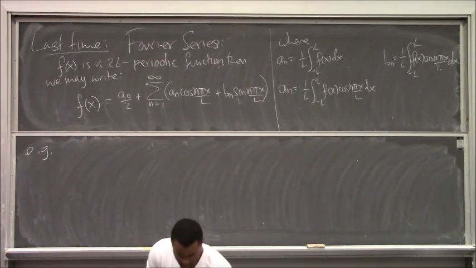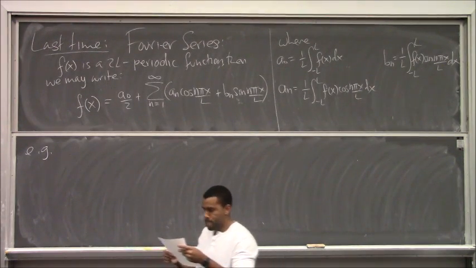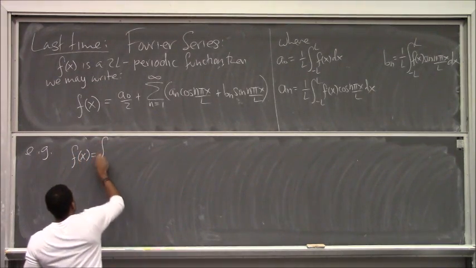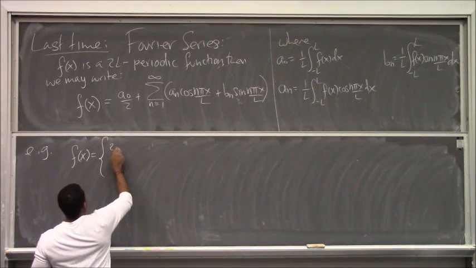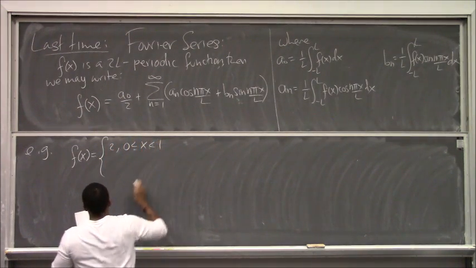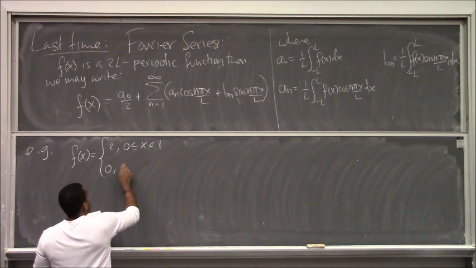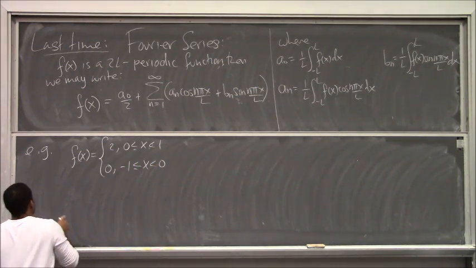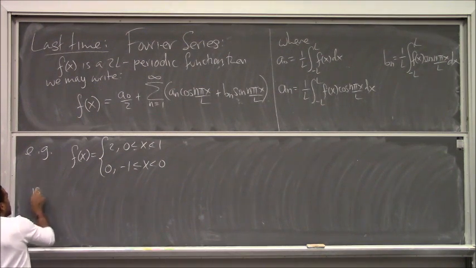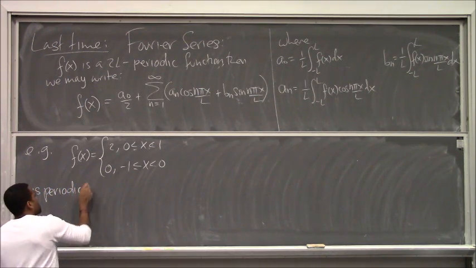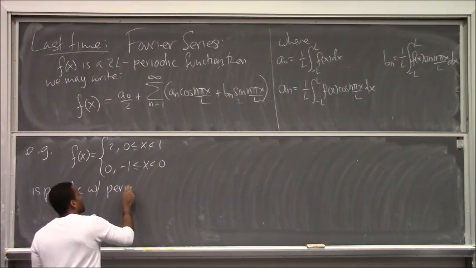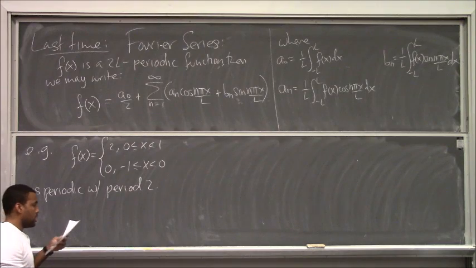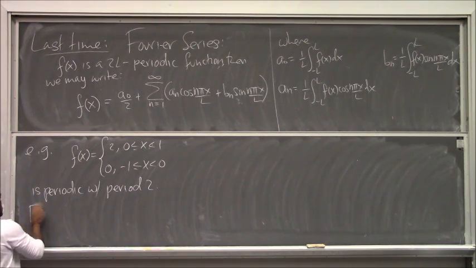So here is the example. f of x equals 2 from 0 to 1, and it is 0 from minus 1 to 0. It is periodic. And of course, let's find its Fourier series.